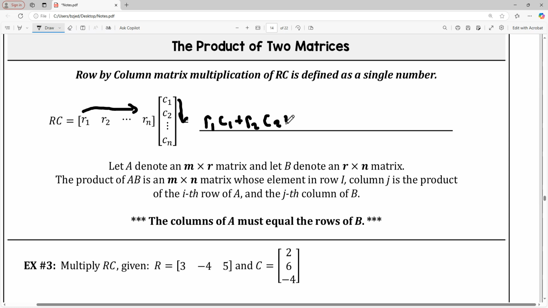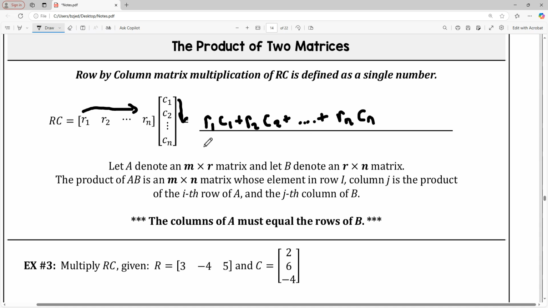And I'm going to keep doing this for however many elements are in each row and column. There could be, in theory, an infinite number till I get to the end, which would be Rn times Cn. So the answer would be the element in row 1 times the element in column 1, plus the element in row 2 times the element in column 2, plus, and I could keep that pattern going until I get to the very end.